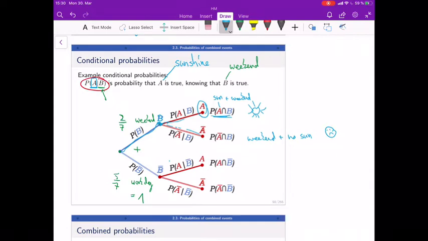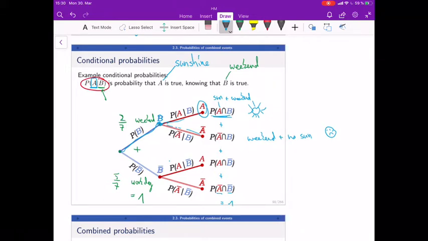Okay, now we know the endpoints here. They're the combined events: sun and weekend, or no sun and weekend, or no sun, no weekend, all the 4 combinations. Oh, by the way, those 4 also add up to 1.